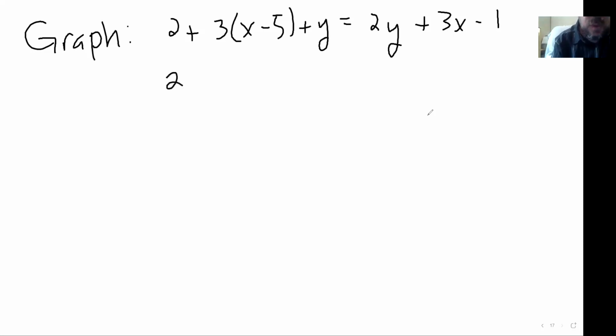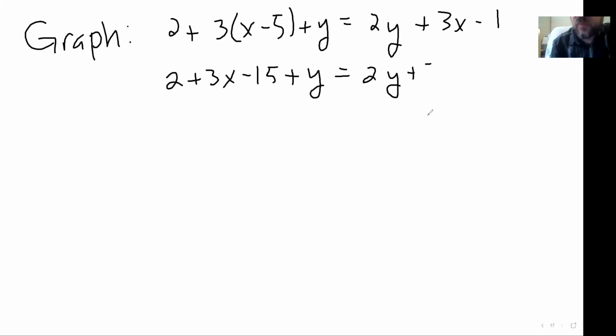So I'm going to get 2 plus 3x minus 15 plus y equals 2y plus 3x minus 1. I'm getting all my y's on the left and the x's on the right. I'll combine the 2 and the negative 15 while I'm here. Let me go slower.